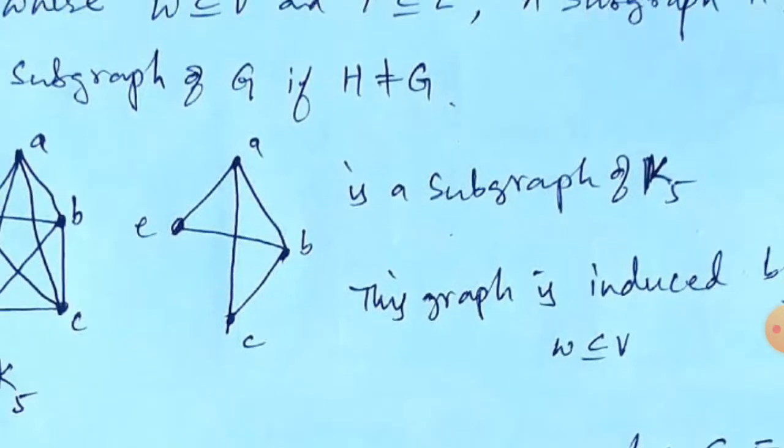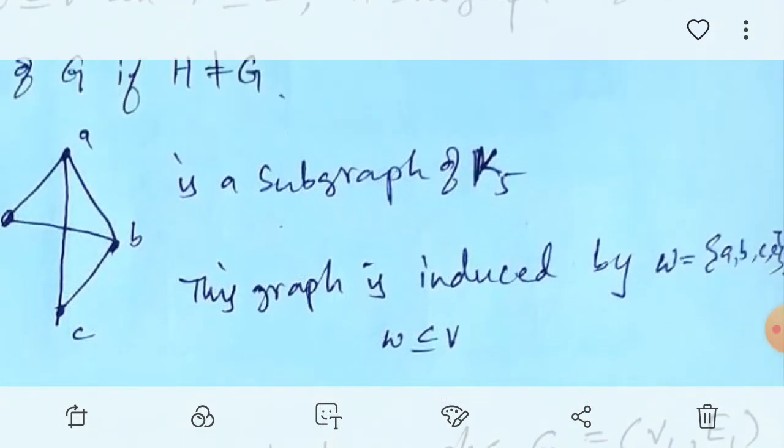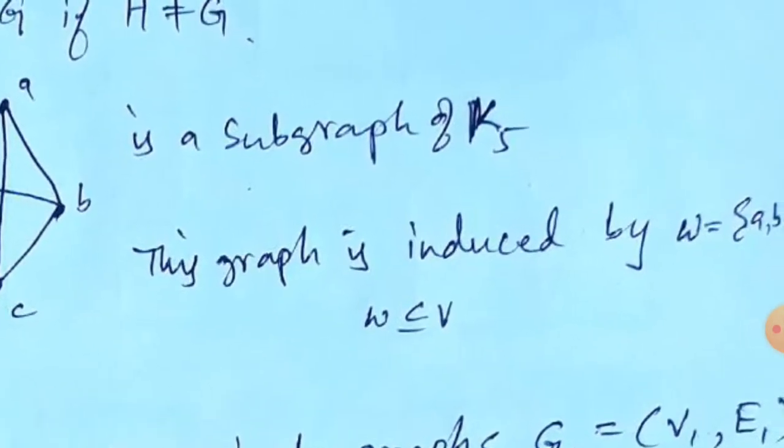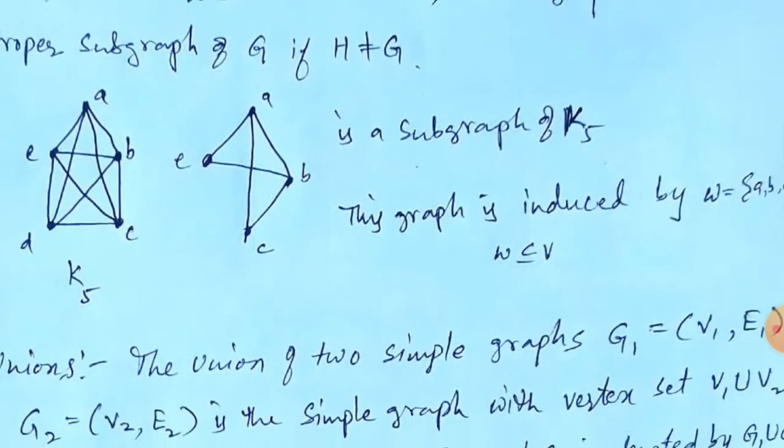Now this graph is a subgraph of K5. It is induced by the vertex set W equal to A, B, C, E. Observe in this graph A, B, C, E are the only vertices.